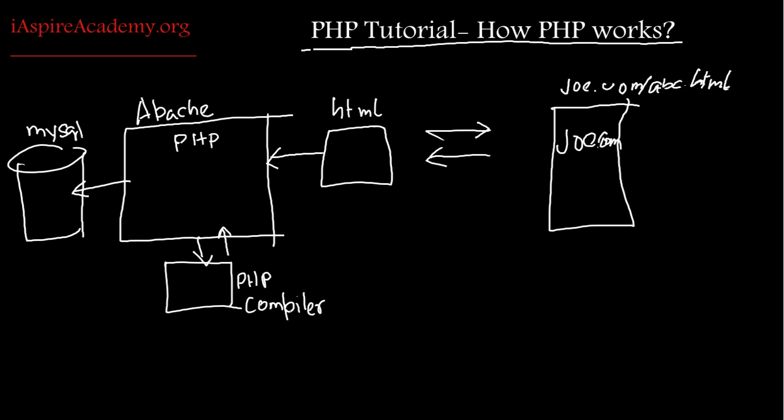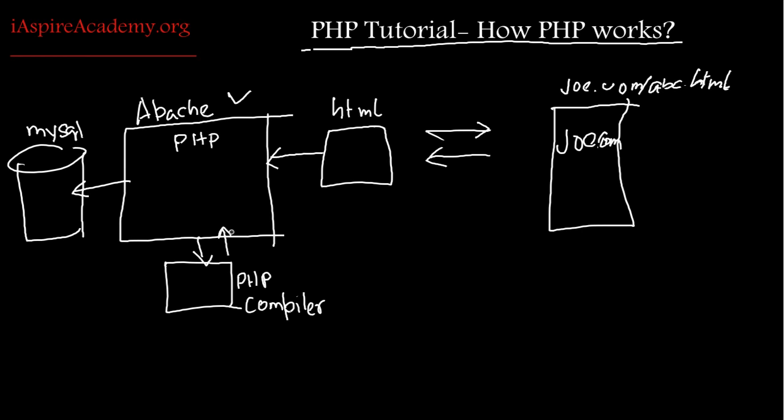The entire thing would run within Apache. If you happen to have the Apache web server, Apache is running here. First, when you type in abc.html, the request would come here, and then Apache would get the HTML file, which is abc.html, look at the PHP code, and execute the PHP.